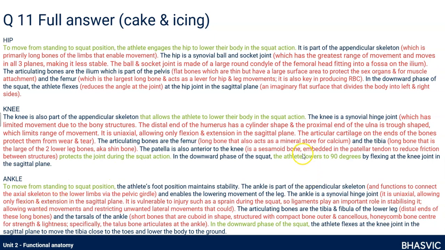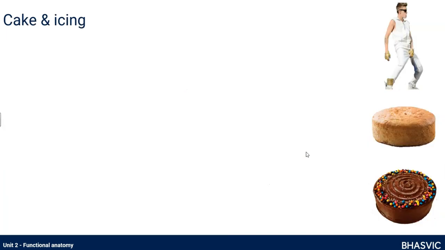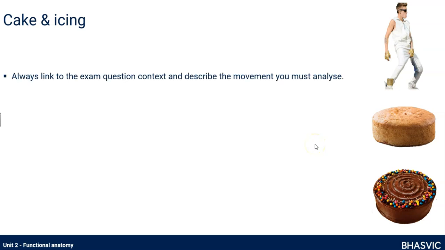So, just to finish then, let's draw together the key things to be mindful of when you're writing and thinking about your cake and icing. Always link to the exam question context and describe the movement you must analyse. So the green in my answers was me referring to the question. Always do that in all of your paragraphs.